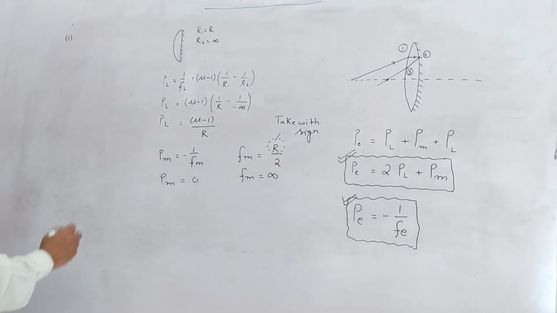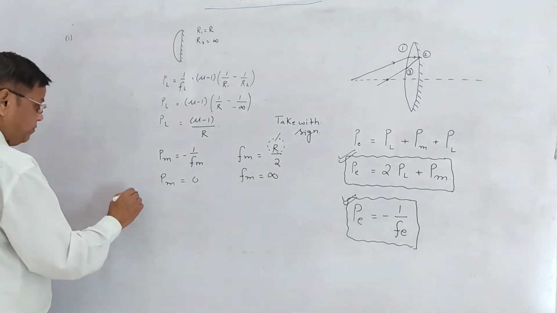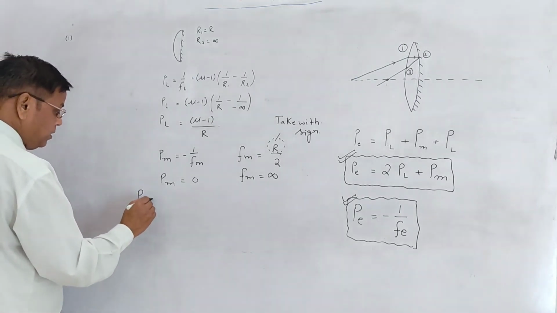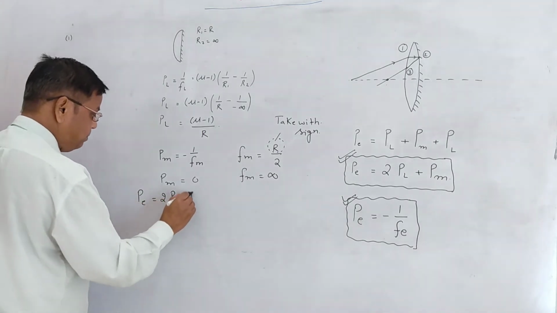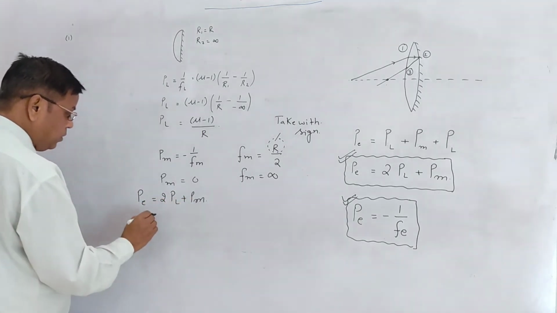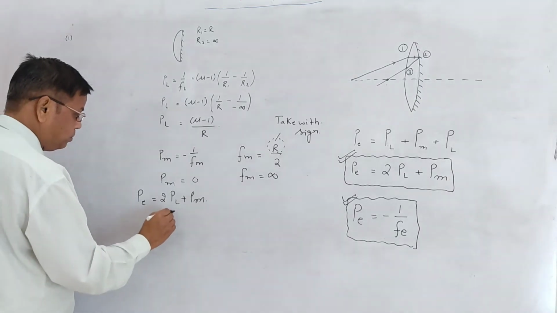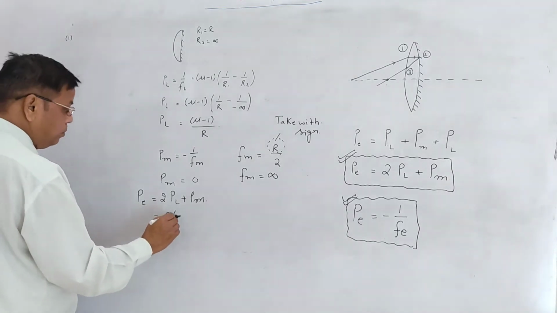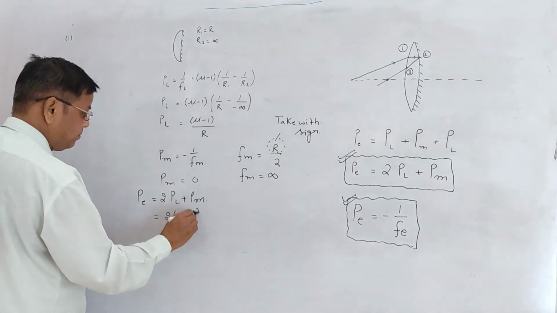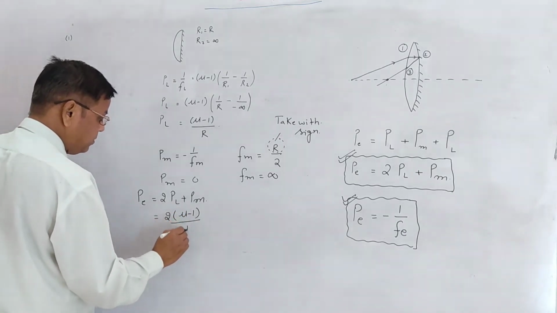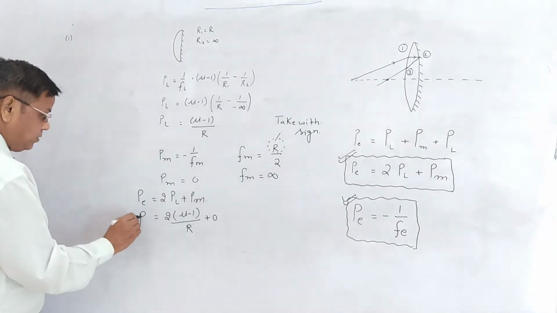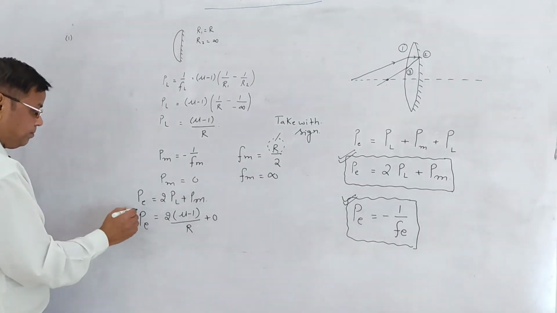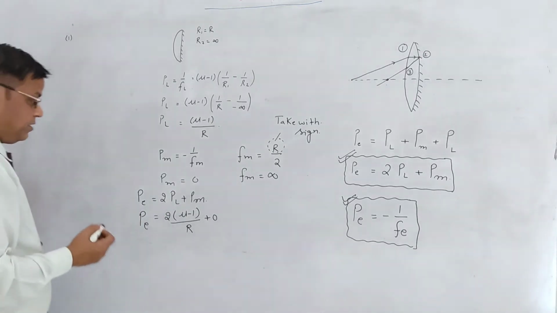Now apply the formula. Effective power is equal to twice PL plus PM. So 2 times PL is (mu minus 1) upon R, plus 0. This is the effective power. So what is the effective focal length?